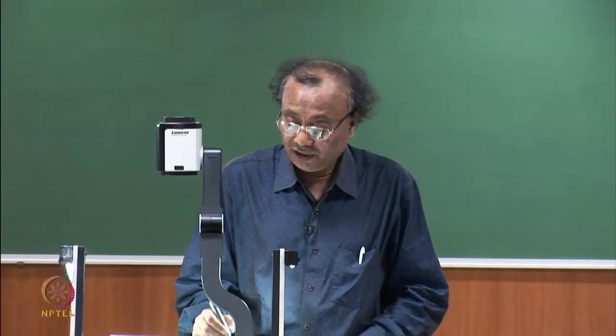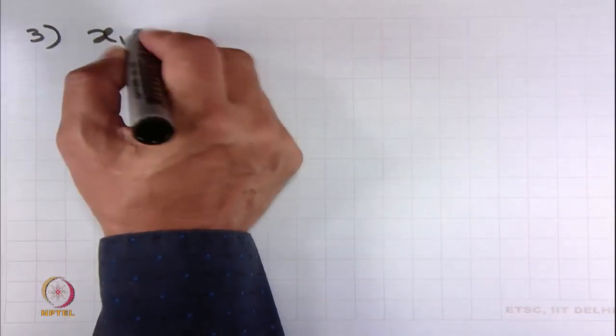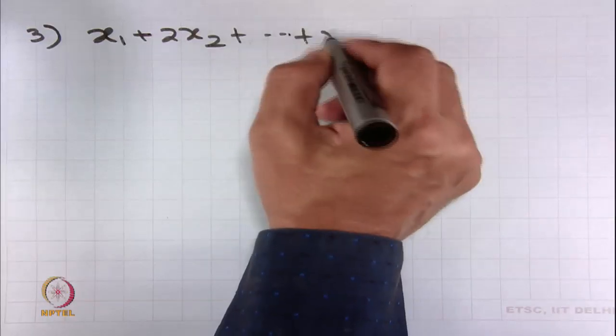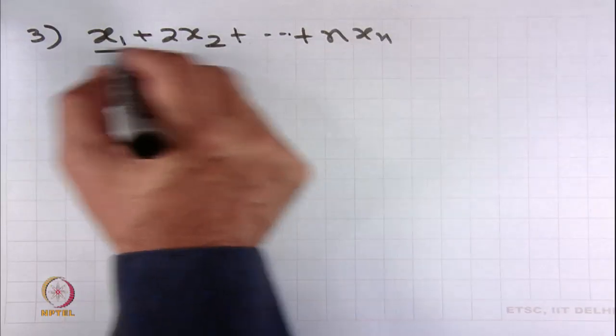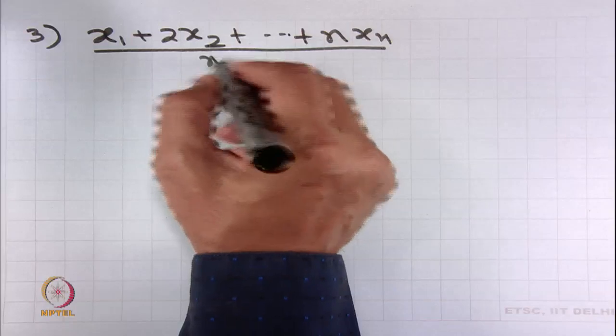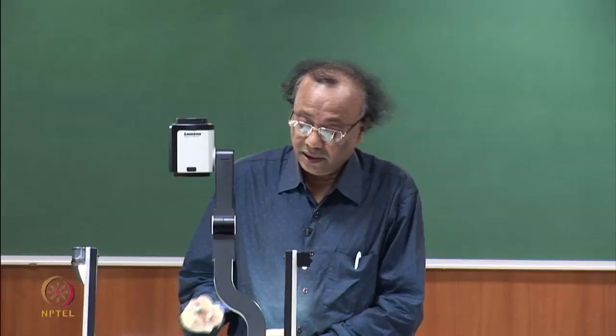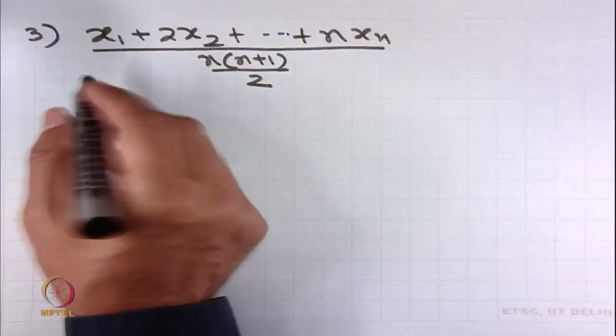Let me consider this also: x 1 plus 2 x 2 plus up to n x n upon n into n plus 1 by 2. What is the variance?